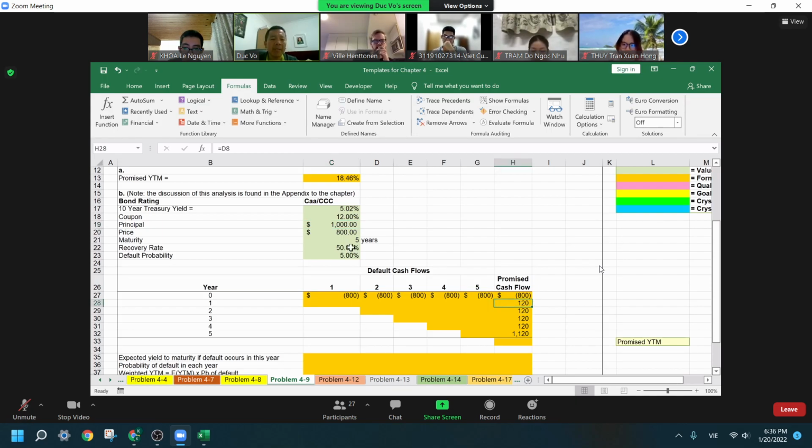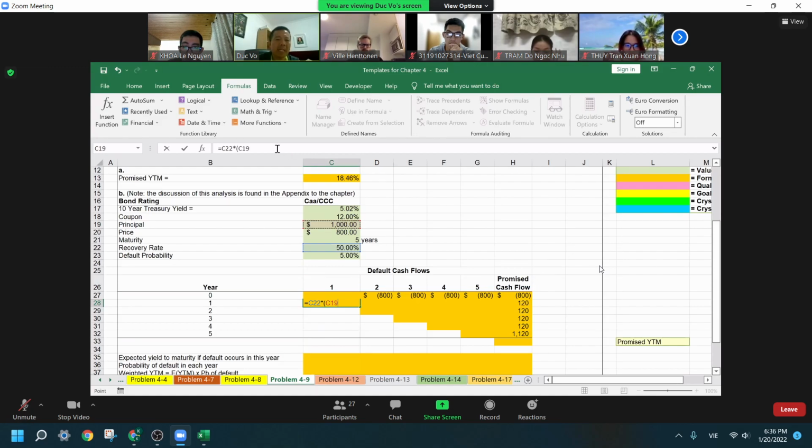So that's what the recovery rate of 50% means. If it defaults, then you will recover 50% of what? Of the principal 1,000 and this one.